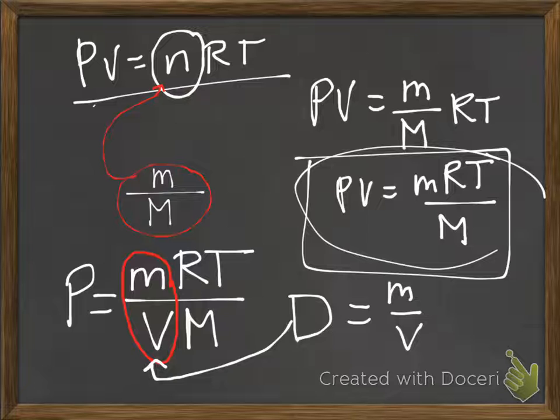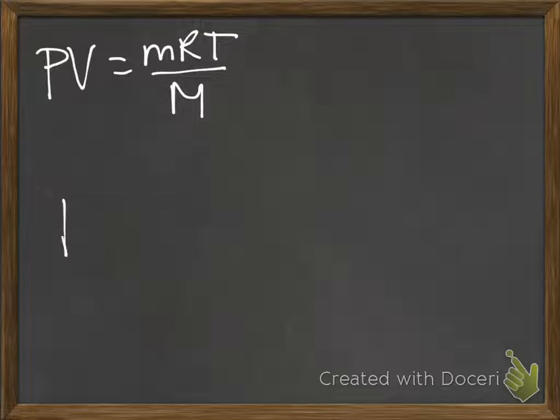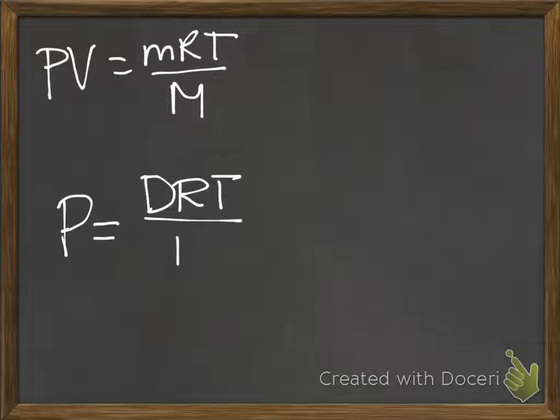And I'm going to do this on the next page for clarity. So we already had PV equals little m RT over big M. Now we have P equals DRT over big M, which I like to say as puddle equals dirt over mud. It works nicely.